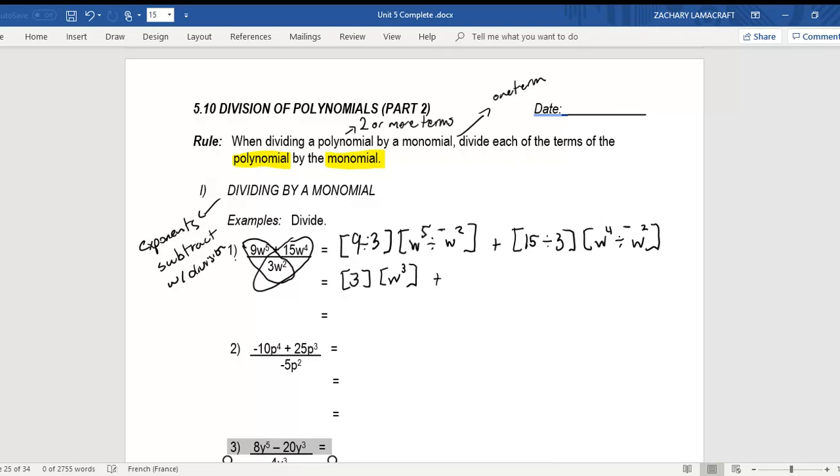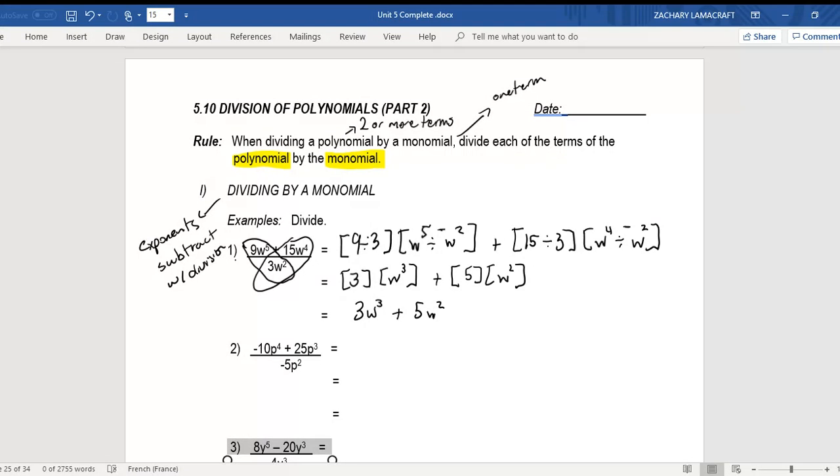And then in the other term, we would have 15 divided by 3 is 5. And W to the 4 divided by W to the 2, we know we subtract. So therefore it'd be W2. And if we put it all together, it would just be 3W to the 3 plus 5W squared, okay?